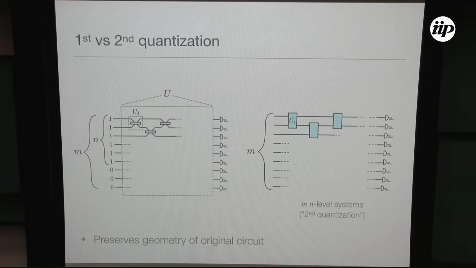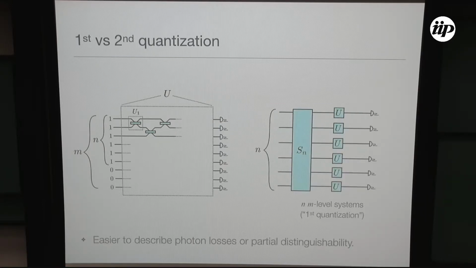But here we're going to use a different mapping, the first quantized mapping. Rather than mapping each mode to a qubit, you map each photon to a qubit. So now you have n qubits, and each qubit tells you which mode that photon is in, so now they need to be m-level systems.